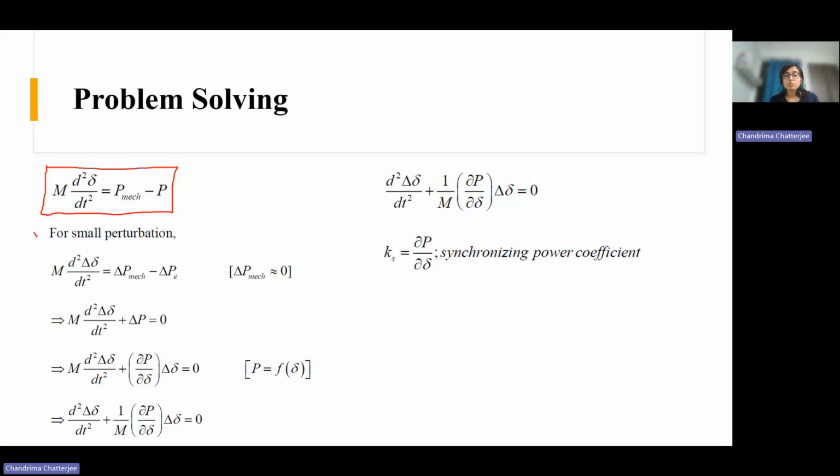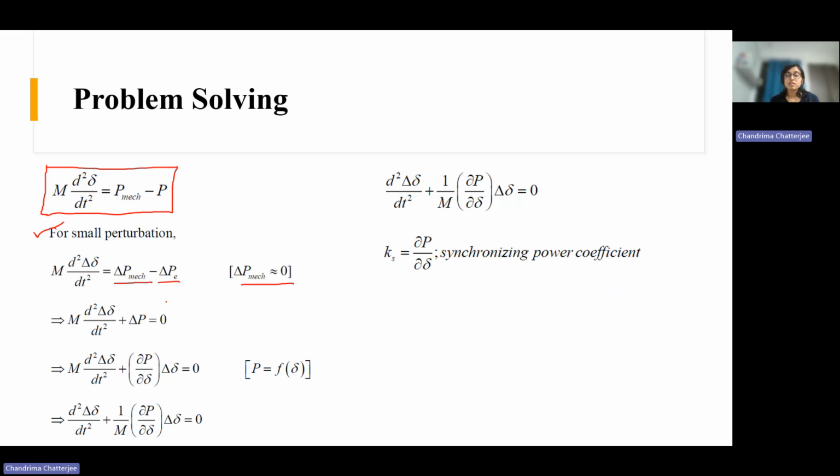If there is a small perturbation in the system, then we can write the swing equation like this, where this is del delta, this is del P mechanical and del P electrical. Del P mechanical is very small because the mechanical quantities change at a slower pace than the electrical quantities. So that's why it is almost zero.